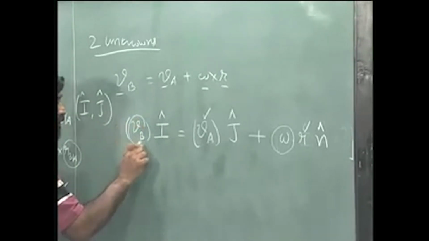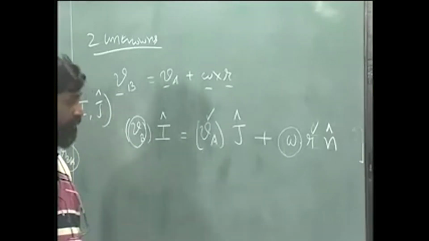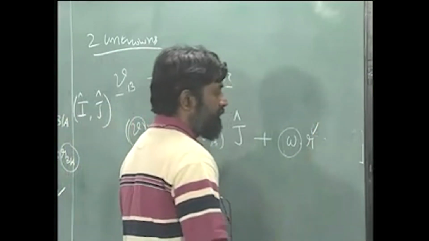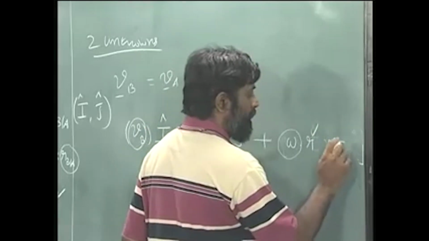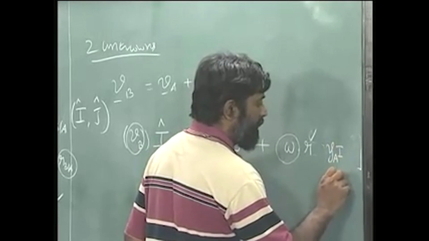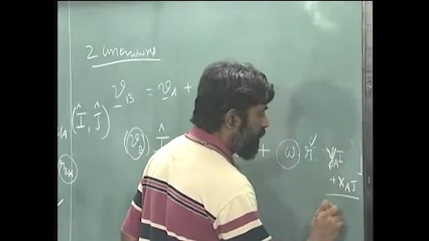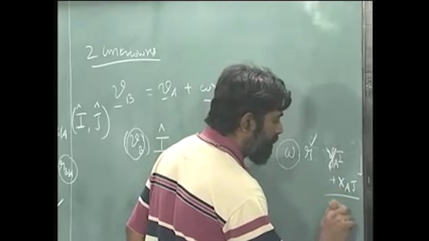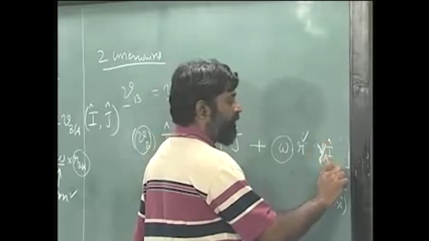This has to be found out, everything else is known. Now it is a matter of, supposing I write this as, let us say, YA i plus XA j divided by YA squared plus XA squared.